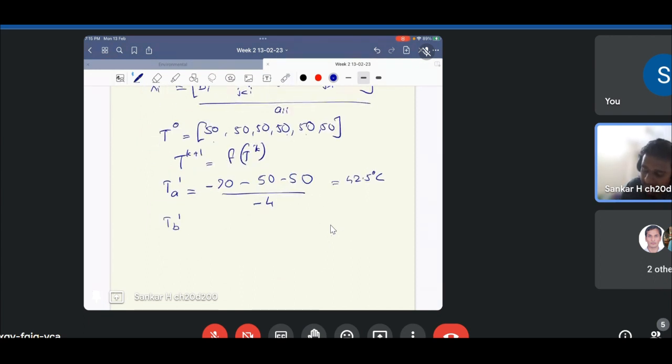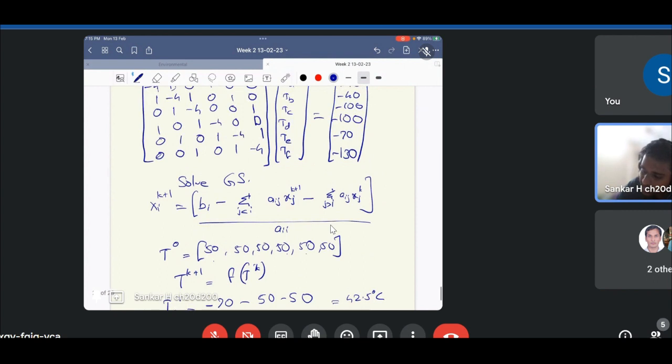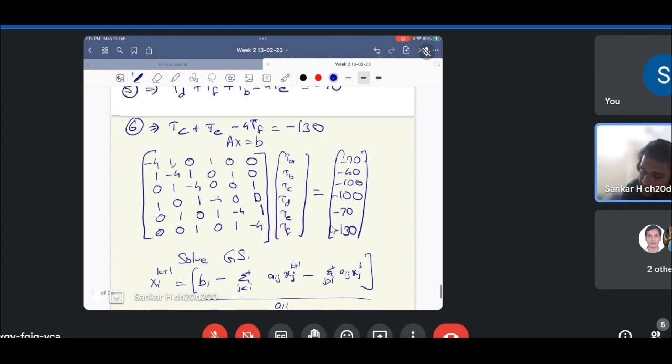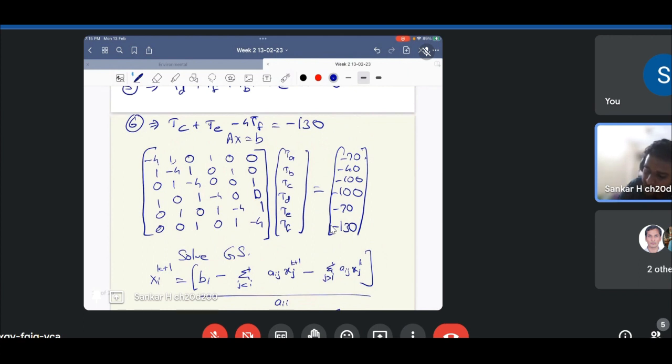Similarly, TB1 would be -40, because it should be b_i minus a_ij, where a_ij refers to 1 times TA minus 1 times TC minus 1 times TE.